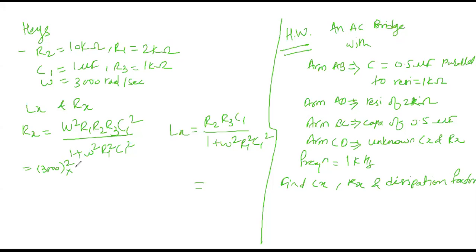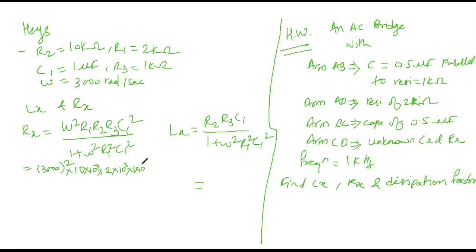R1 is 10K, I will write it as 10 raised to 3 multiplied by R2, 2 into 10 raised to 3, multiplied by R3.